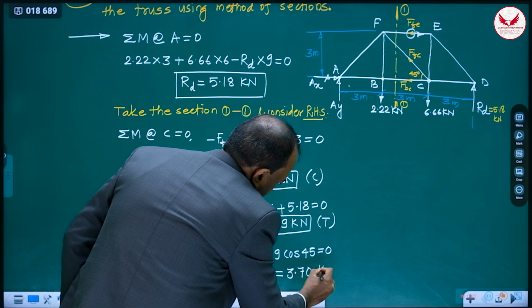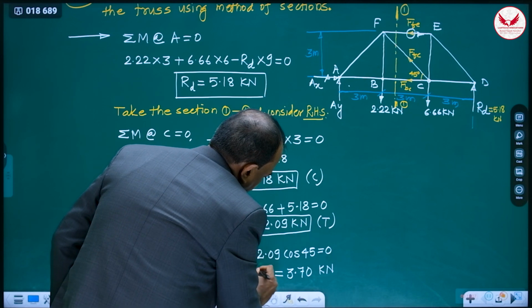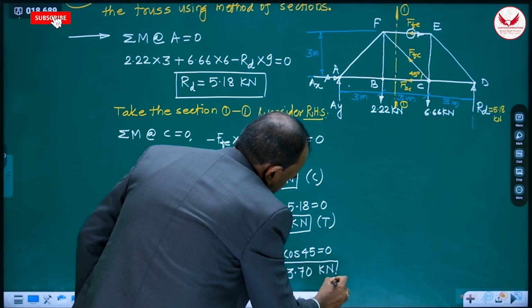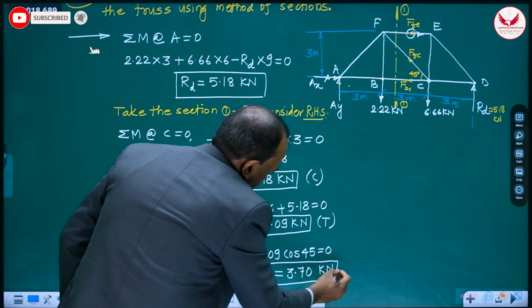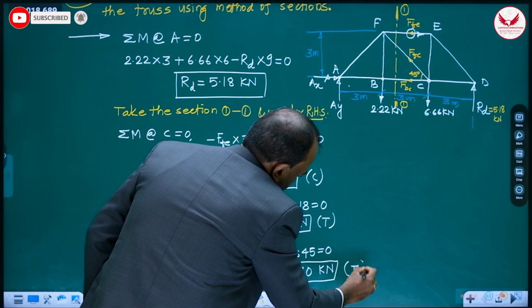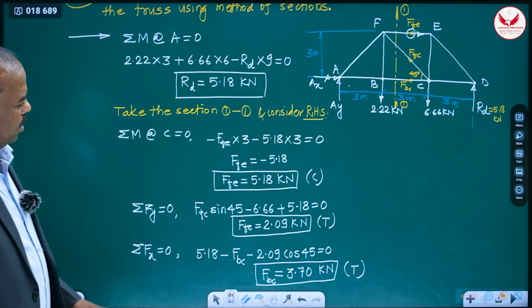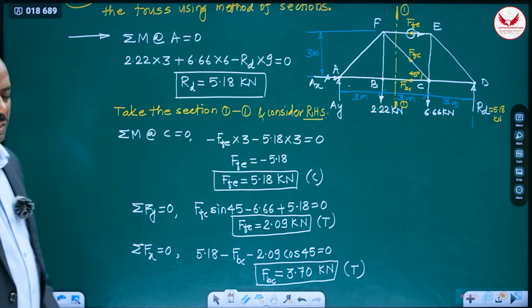Positive answer, it indicates that the assumed direction is right, and that direction is what? Tensile.